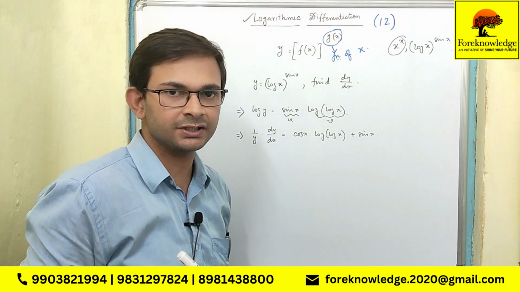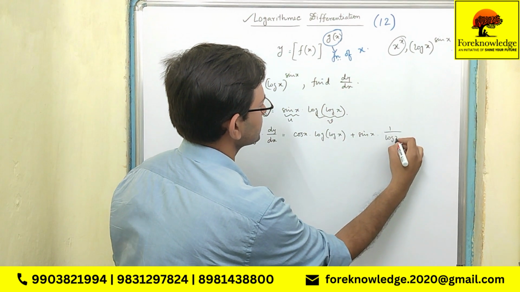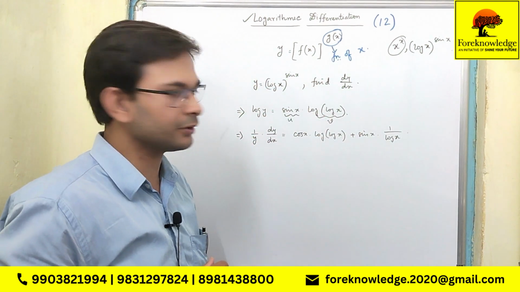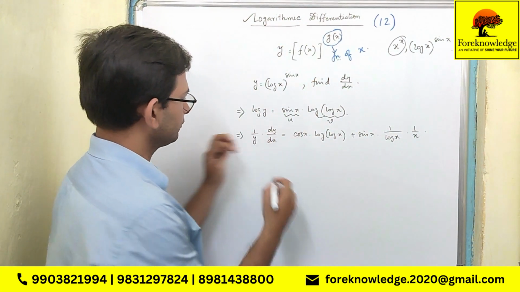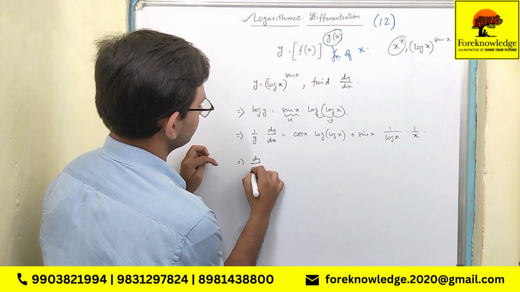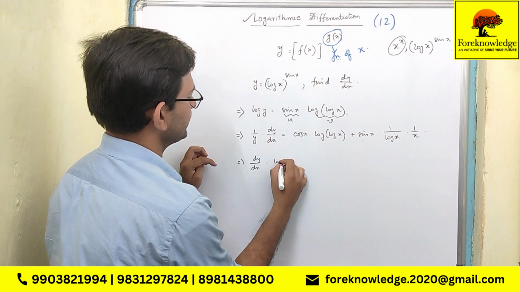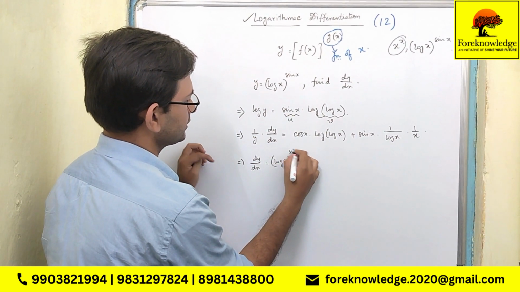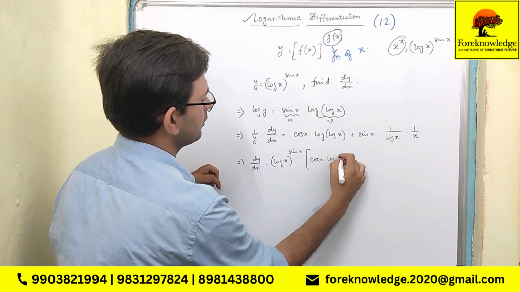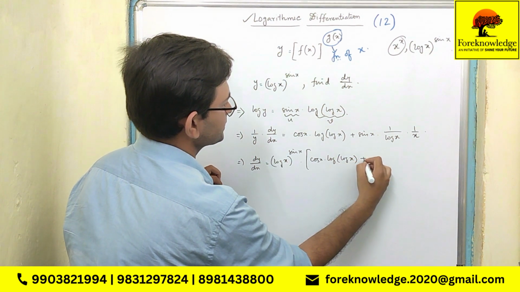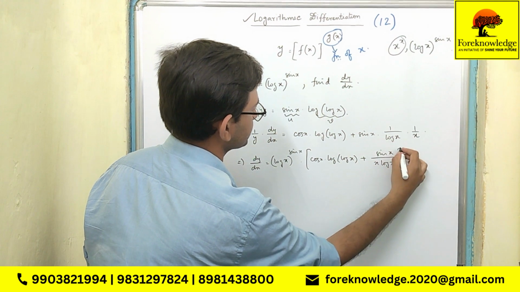This is composition of functions, function of function. So differentiation of log is 1 by log x, into the differentiation of the inside log x, that is 1 by x. Now dy/dx is nothing but y into this quantity. What is y? y means (log x) to the power sin x. So dy/dx equals (log x) to the power sin x into [cos x into log of log x plus sin x by (x log x)].